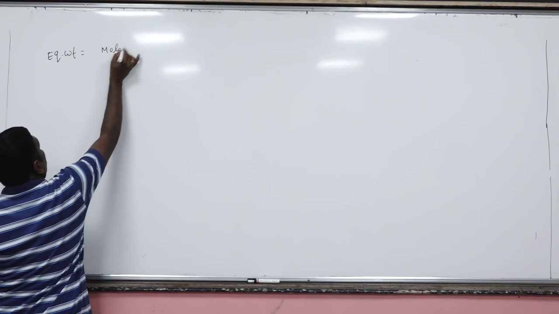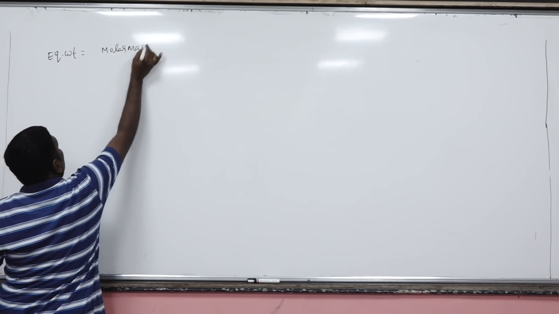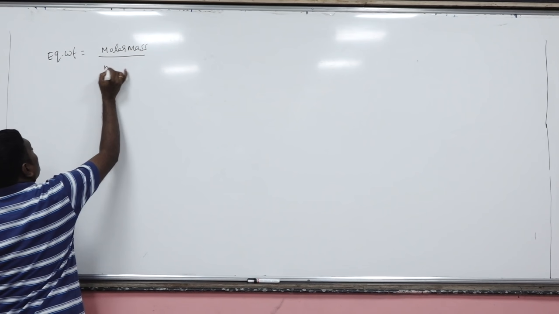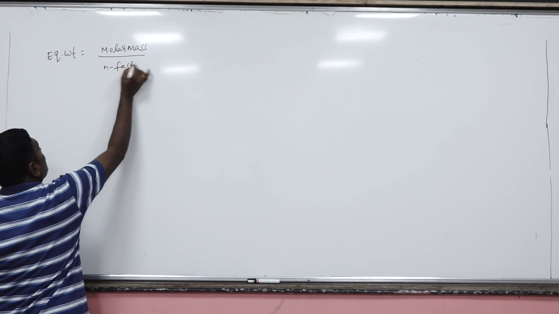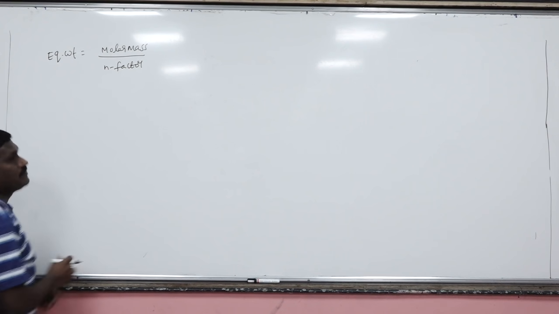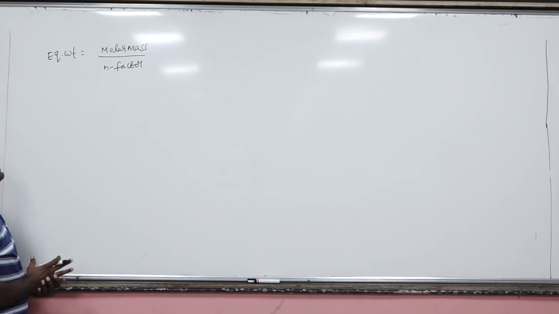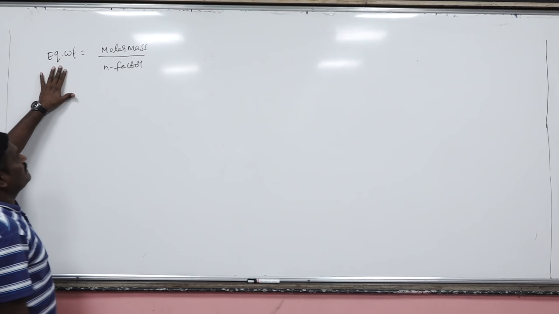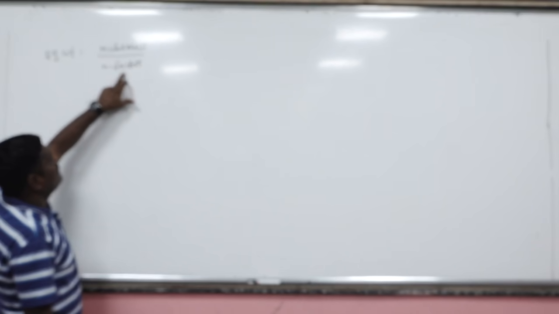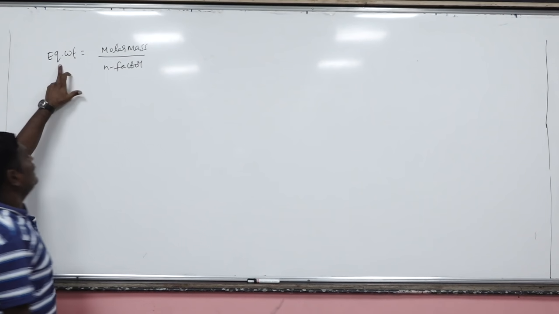Formula: molar mass upon n factor. Now here we can calculate the equivalent weight of different substances by the calculation of the n factor. And molar mass we know. If we know the n factor, we can find the equivalent weight.